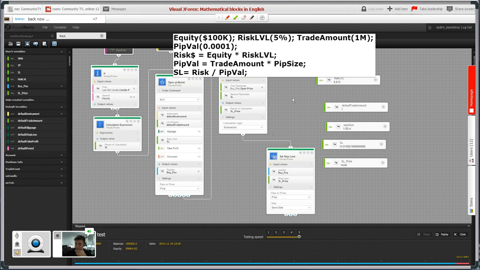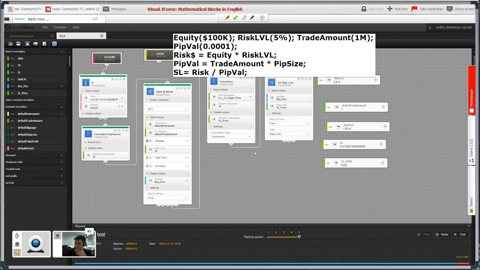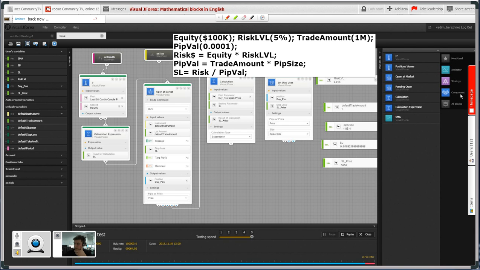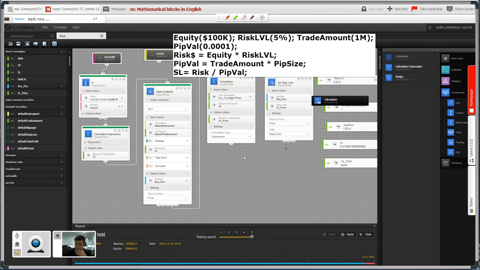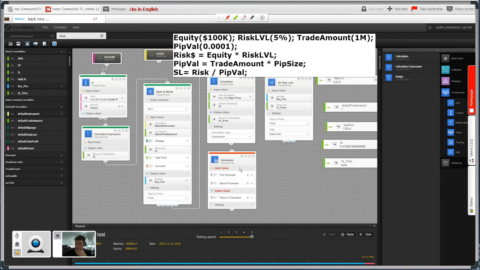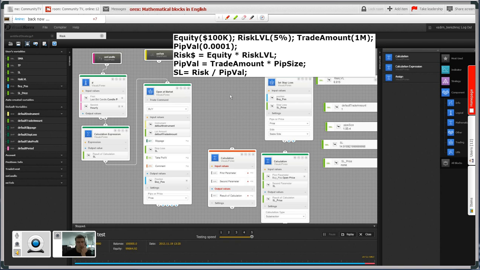Let's say stop loss price should be multiplied by pip size. Yeah, so first stop loss should be divided. Okay, one moment.